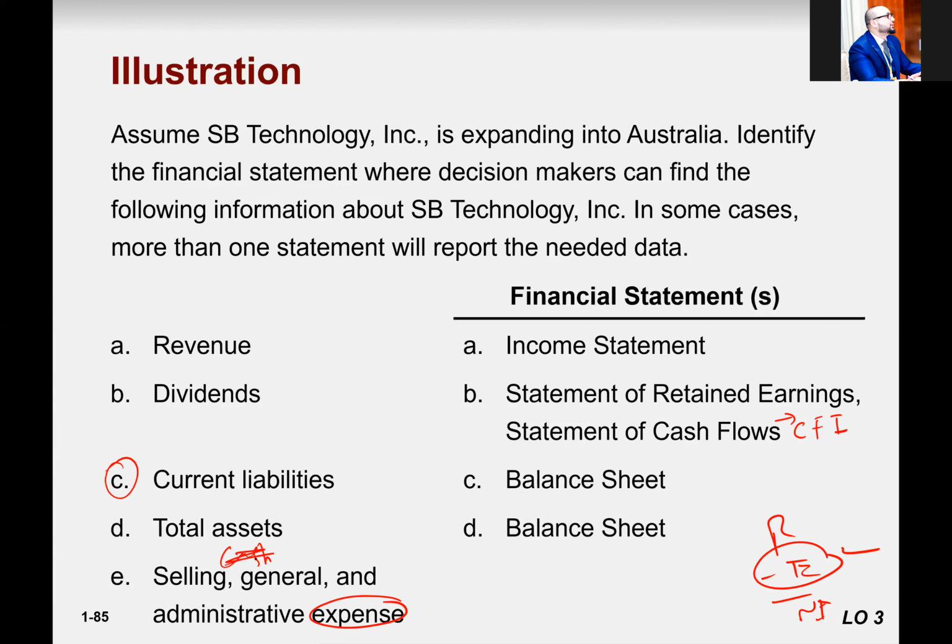The cash flow statement can be, you may be right, but normally it's an income statement. Understand? It didn't mention cash expenses. If it were cash expenses, then we could say both the income statement and the cash flow statement. Understand?